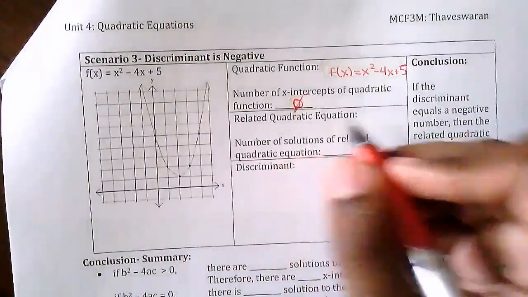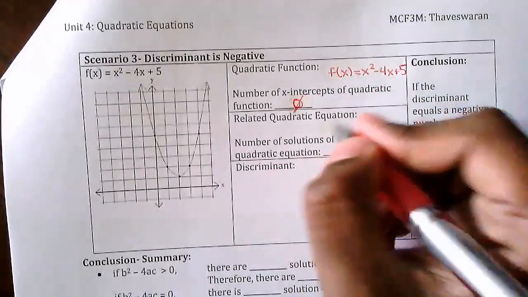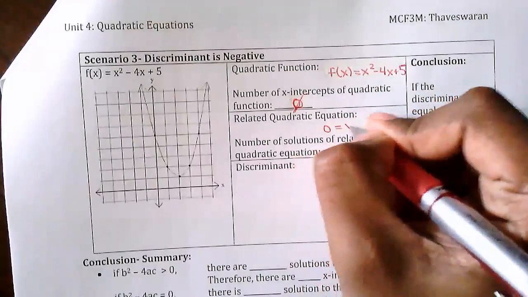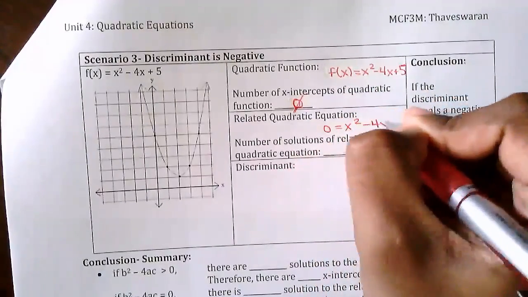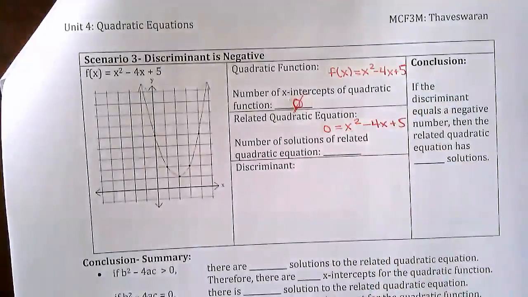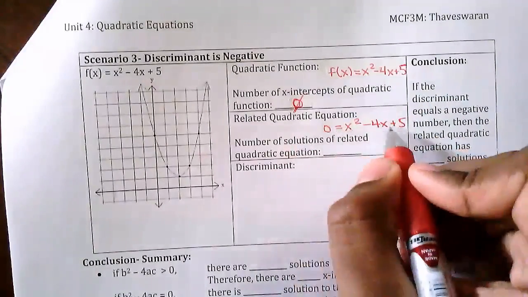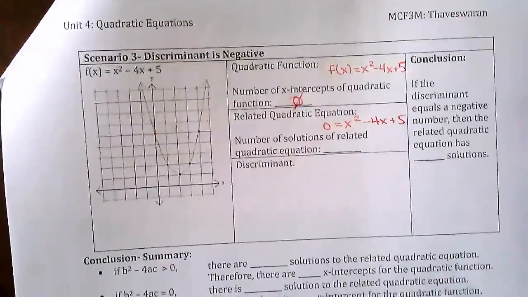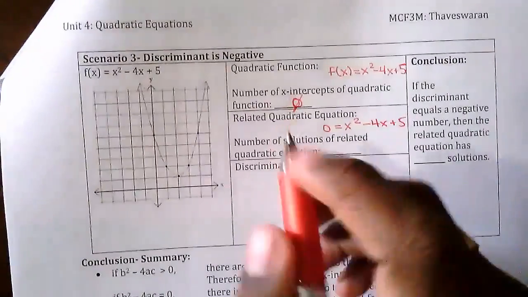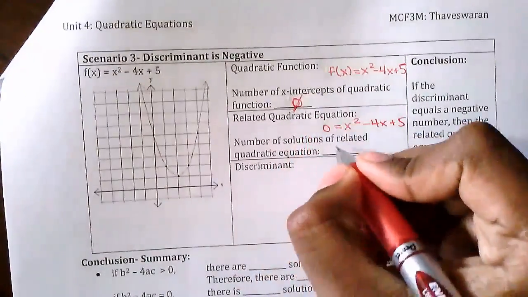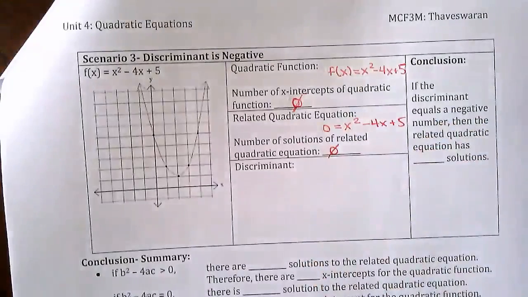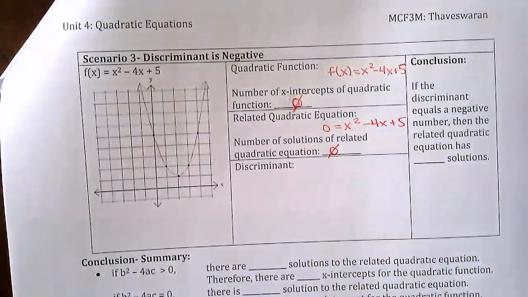The related quadratic equation, again, replace the f of x with 0. So 0 is equal to x squared minus 4x plus 5. So based on this, remember the number of solutions of the related quadratic equation should equal the number of x-intercepts in the quadratic function. So there should be 0 solutions as well.